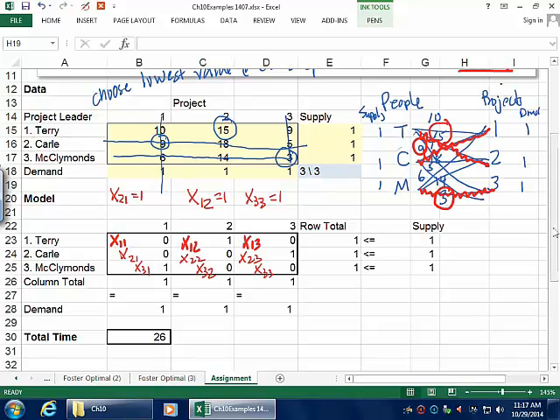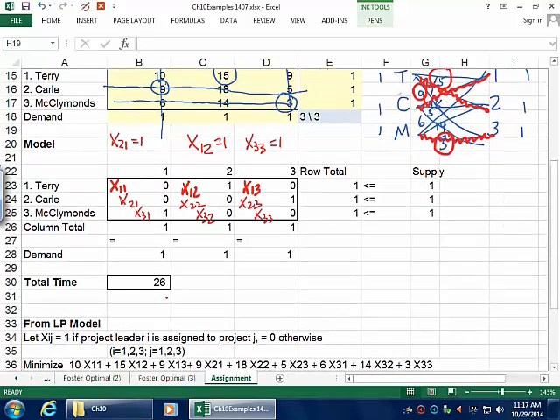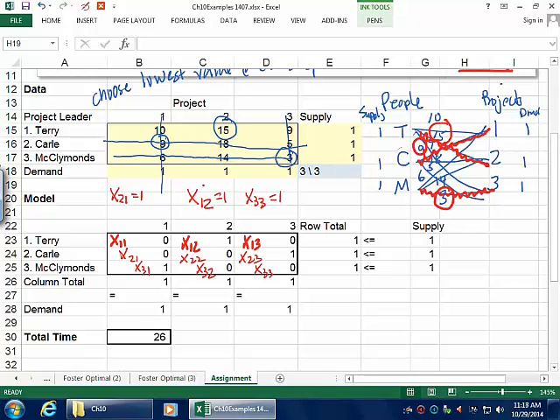In general, the definition is: xij is equal to 1 if person i is assigned to project j. The person number is the first one, the project number is the second one. The person number is the row number, and the project number is the column number. So in this assignment, here are the ones, and all the others are zeros.